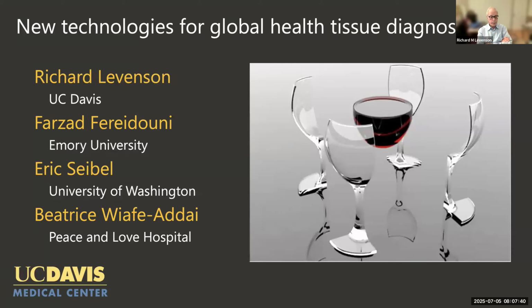The people who have contributed the most to this process are myself; my colleague who worked with me for 10 years at UC Davis before he left to become an associate professor at Emory, Farzad Fereidouni; my colleague at University of Washington, who's been helping develop and build the instrumentation that actually got shipped to Ghana; and of course our wonderful Ghana co-principal investigator, Beatrice Wafiadai, who kindly introduced me to this organization and is helping move this forward in many areas.